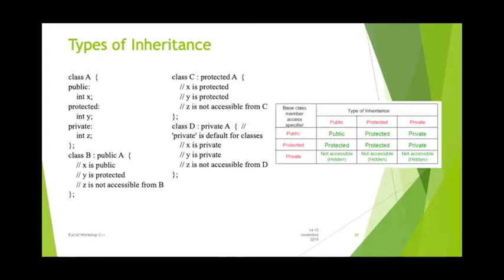Here we see that the data member X is public and can be used by class B, and Y is protected. Since it's inherited from class A, we can use that data member as well.